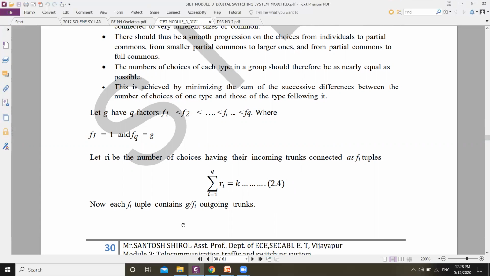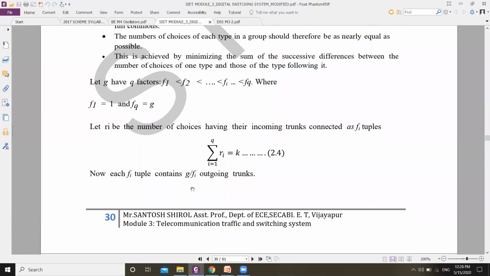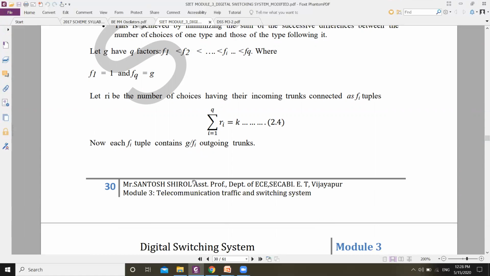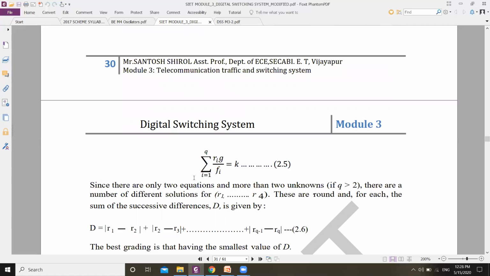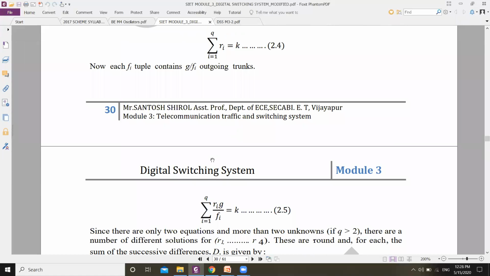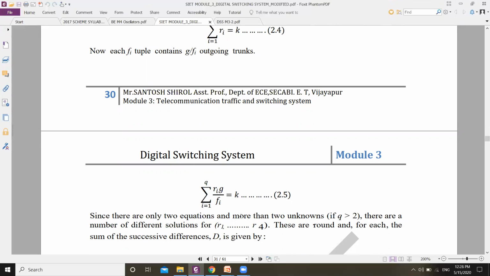Now for each Fi tuple, we contain G by Fi outgoing trunks. This equation simplifies to summation ranging from i equal to 1 to Q of Ri into G divided by Fi, that is equal to availability K. This is equation 2.5.